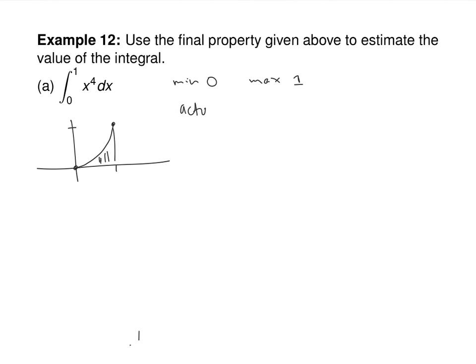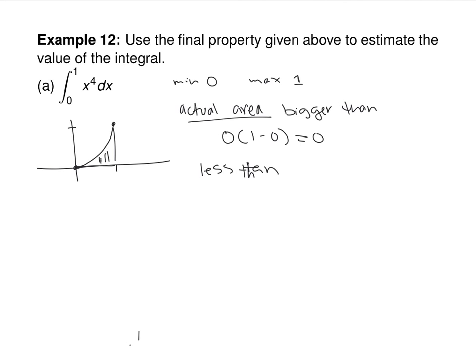So the actual area is bigger than 0 times 1 minus 0, or 0, and that would be the box of height 0. It's less than what number? 1 times 1 minus 0, or 1. So that's the lower box. That's the higher box. Somewhere in between 0 and 1.